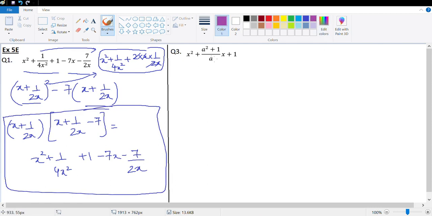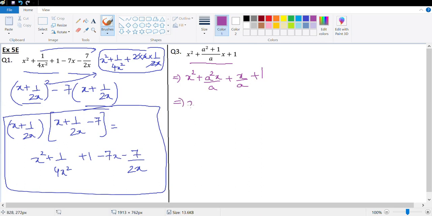Next question is x² + (a² + 1)/a multiplied with x + 1. I notice nothing common here. So let me just break this numerator and denominator and see what we get. So this is x² + a²x/a + x/a + 1.